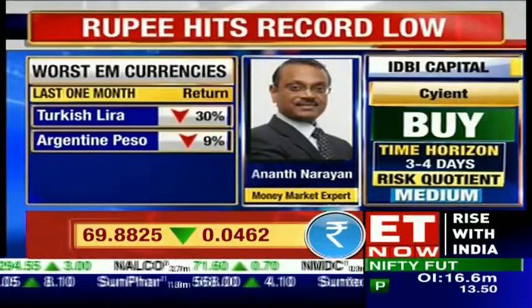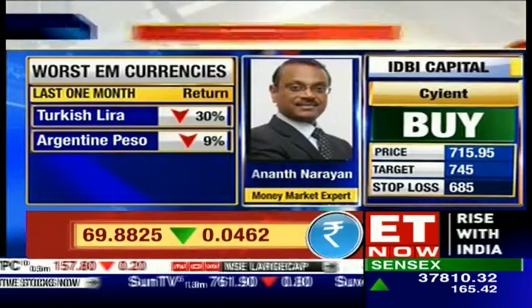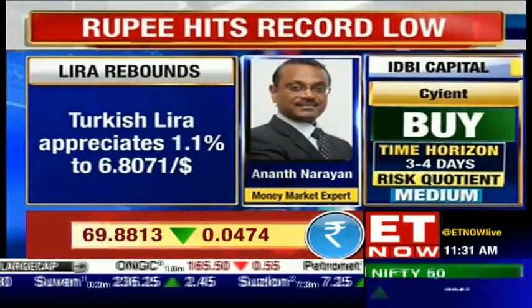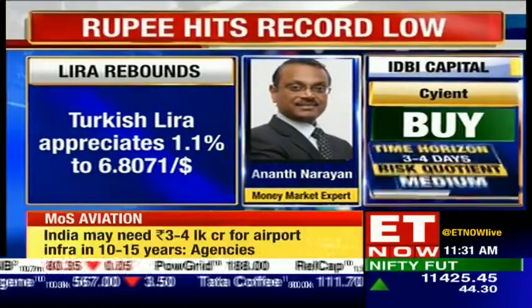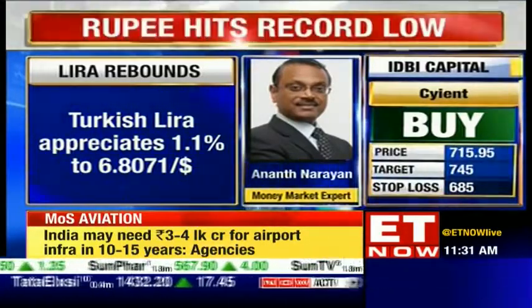Our current account deficit has been growing over the last few months. Therefore, every month we have a permanent outflow of dollars, which needs to be funded by borrowing less stable and less permanent money from overseas, which is not a great sustainable balance. So this correction we've seen in the rupee this year is a reflection of the underlying imbalance, and it should help correct that imbalance.